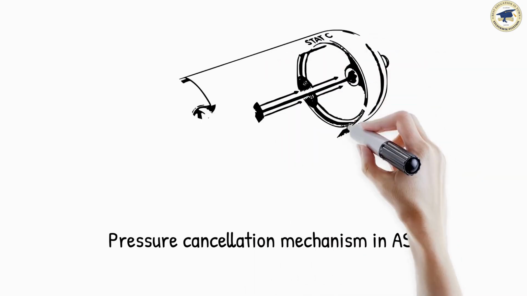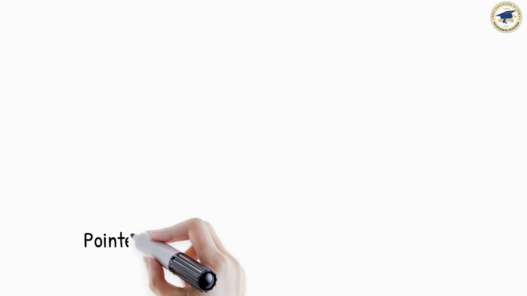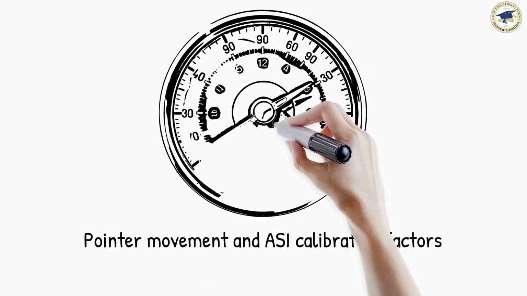Since static pressure cancels out, the capsule expands or contracts only due to dynamic pressure. This expansion and contraction are linked to the pointer, which moves across the ASI dial, showing the indicated airspeed, IAS.